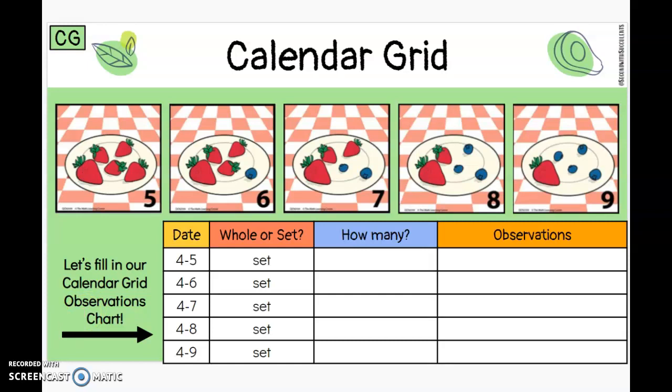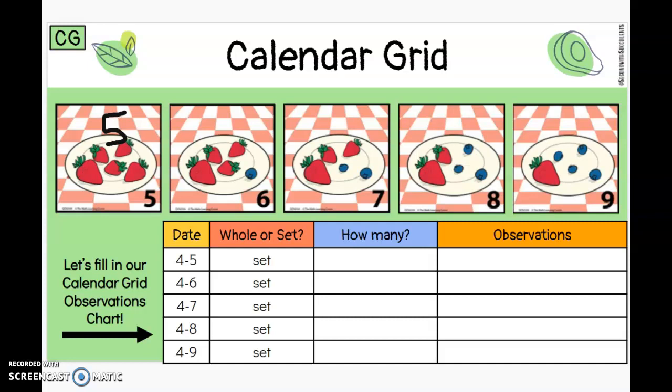Now we're going to look at how many. And when we say how many, we want to know how many are in the set. So let's start by looking at our first calendar marker. How many pieces of fruit do you see? You can hold up your fingers to show how many you see. We see 5 pieces of fruit. Now, how many of those pieces are strawberries?